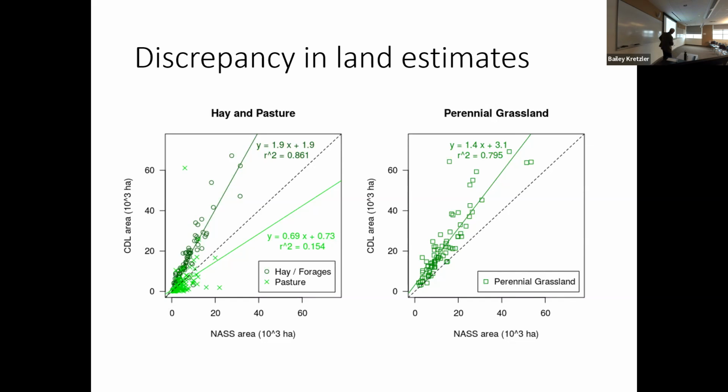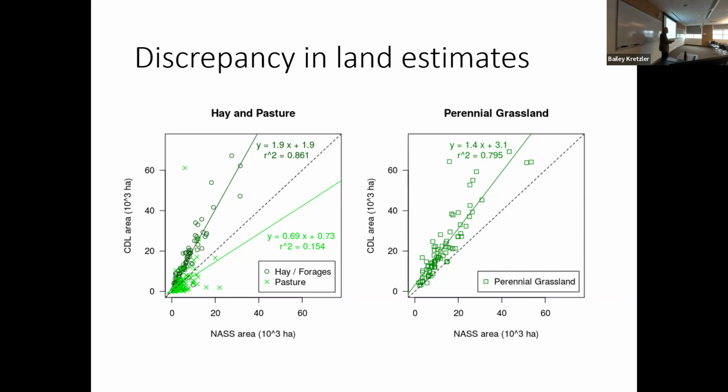But there's still this, essentially, what the land cover data says there's more land, perennial grassland, than does the census. By a large measure, you can see this regression coefficient there is 1.4, so that's a big difference between the two.